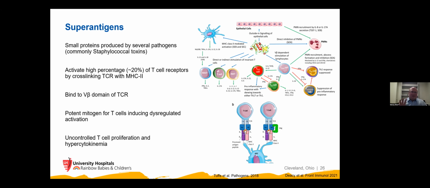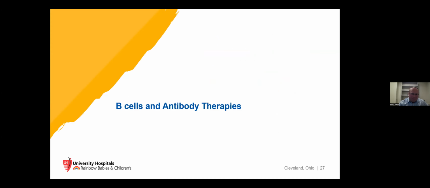And so if this theory holds up, then you can really have an auto-inflammatory process from these molecules by them bypassing the T cell receptor and activating many T cells within the response. And again, we don't have a specific therapy at this point, but there's a lot of research looking at how to downregulate that response.